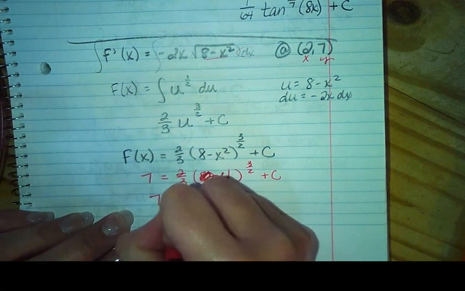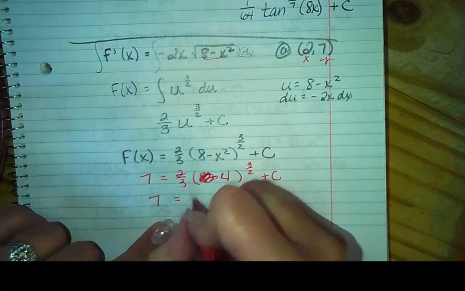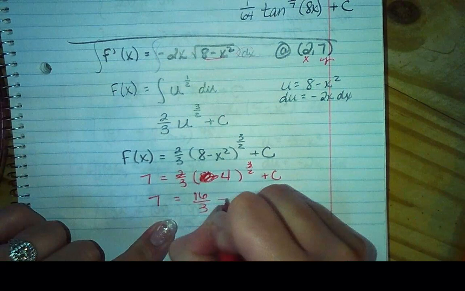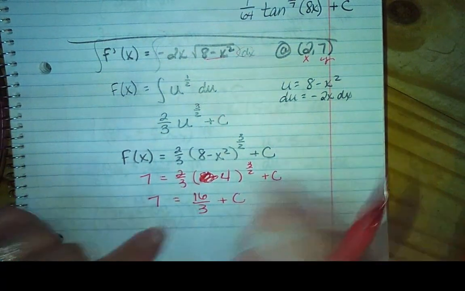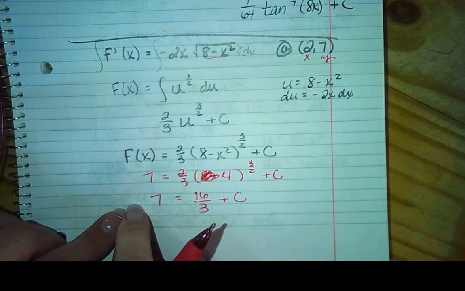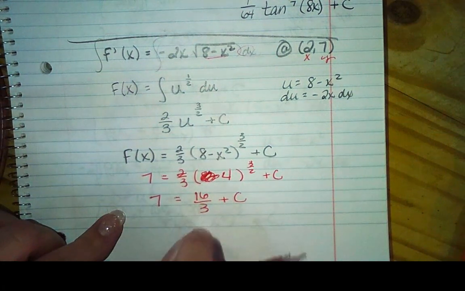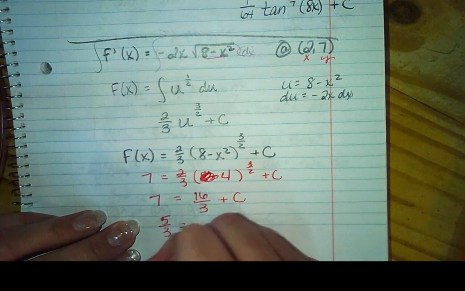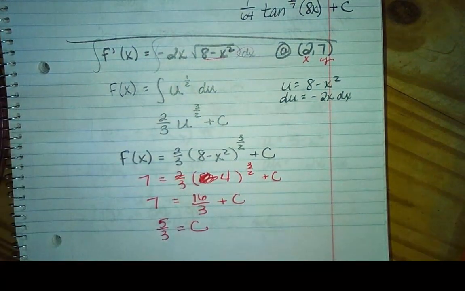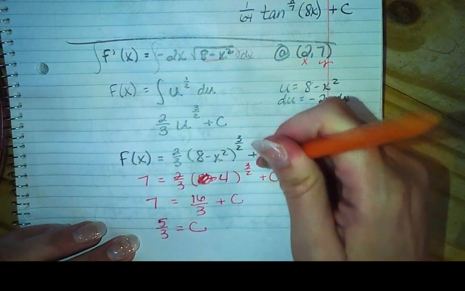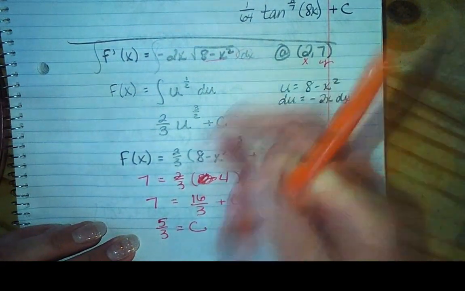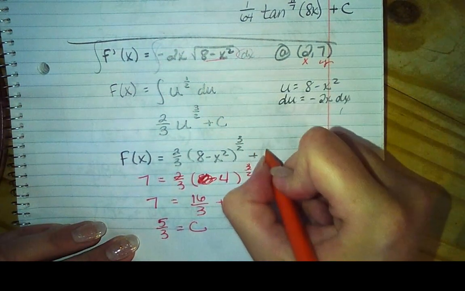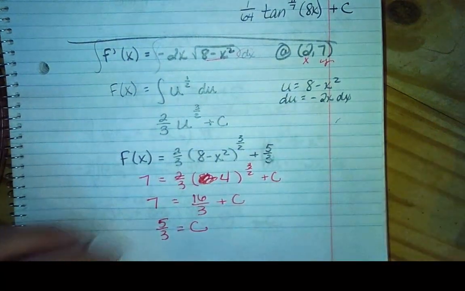So 7 equals 2 times 8, which is 16/3, plus c. And now I'm going to subtract 16 thirds. So 21 thirds minus 16 thirds is going to be 5 thirds. So 5 thirds is your value for c. So up here, that is no longer a plus c. You've just figured out that that is a plus 5 thirds.